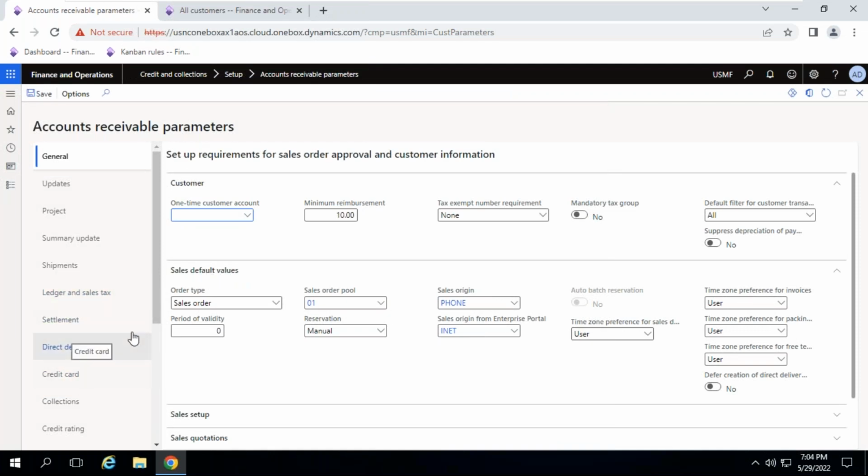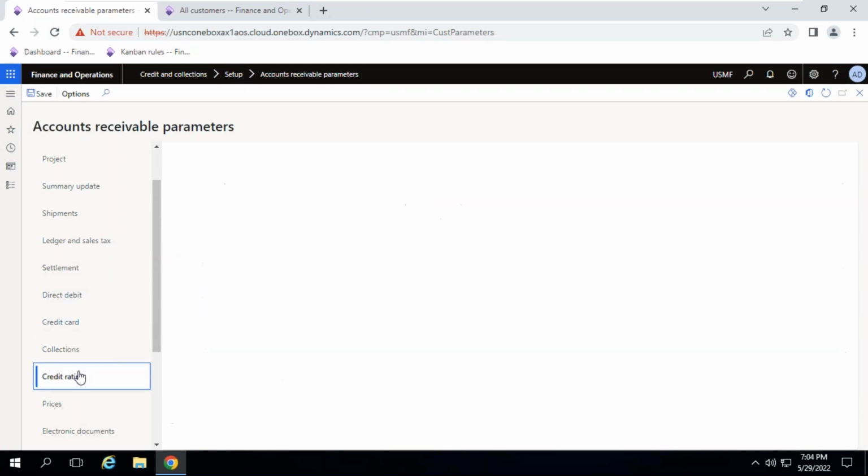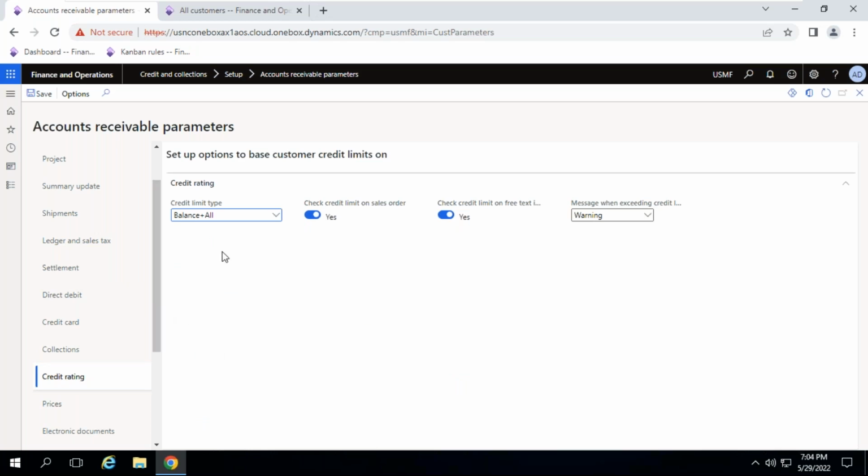So here in collections, yeah, we have options: balance, balance plus packing slip, or balance plus all. If it is balance, it will verify only invoices which are not paid.